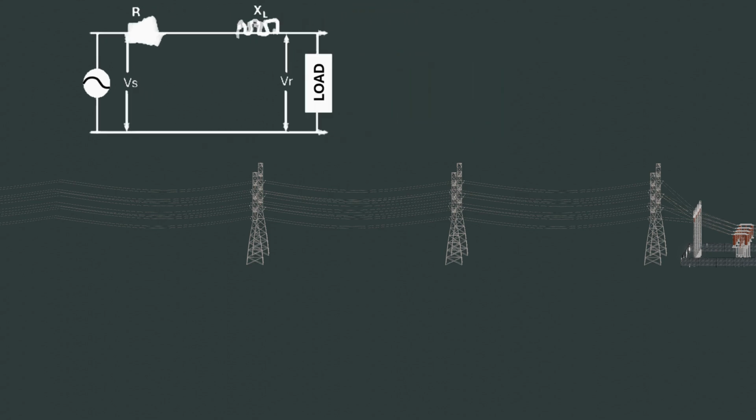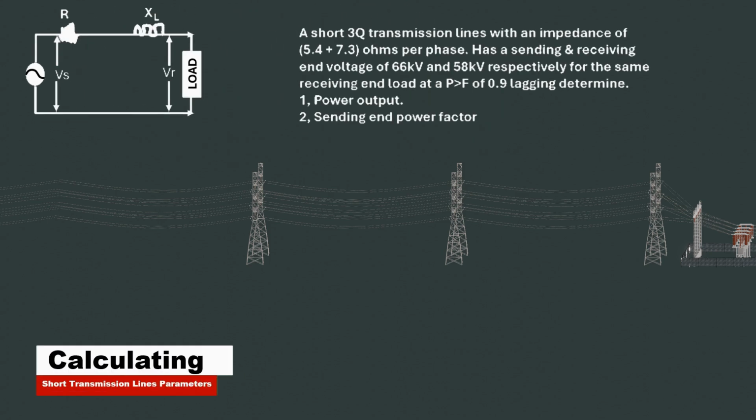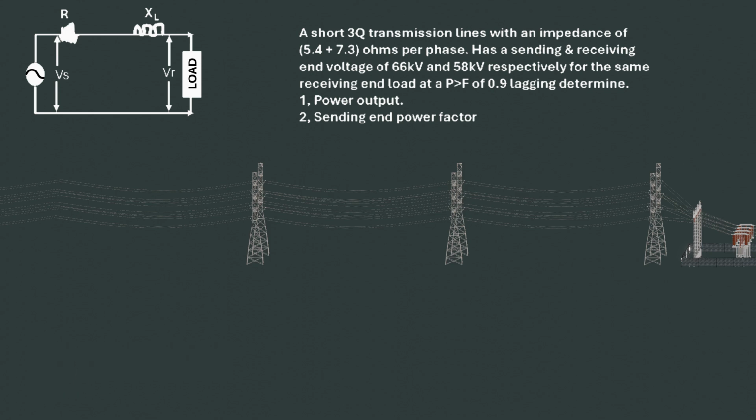A short three-phase transmission line has a resistance of 5.4 ohms and a reactance of 7.3 ohms per phase. The line has a sending and receiving end voltage of 66 kV and 58 kV respectively, at a power factor of 0.9 lagging.